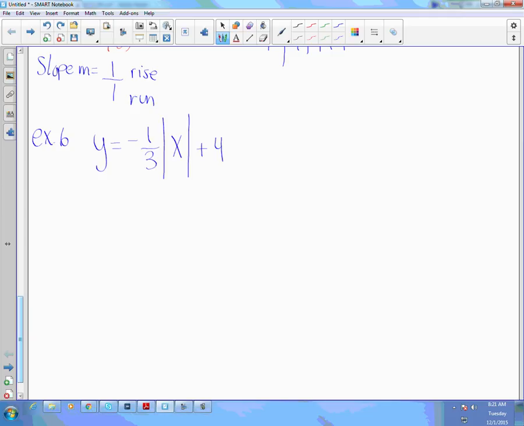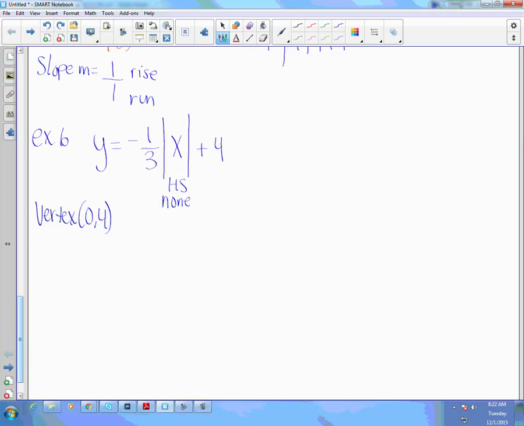Nadia, what is the vertex here? 0. You got 0. What number is being added to the x? Is there a number? No, so 0. And then same, 0, 4. Vertex is 0, 4. So our horizontal shift this time is none.